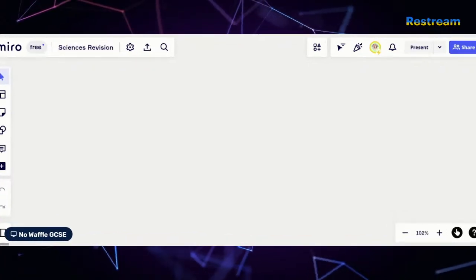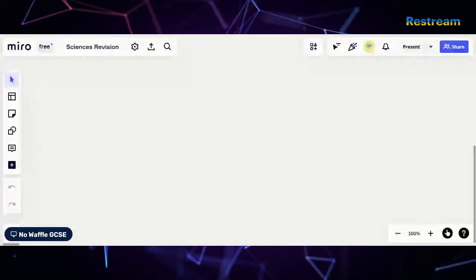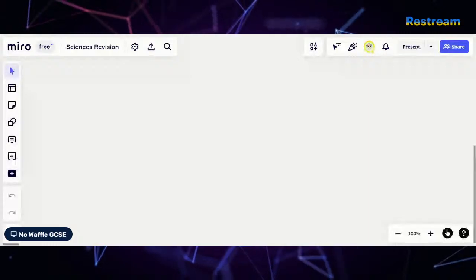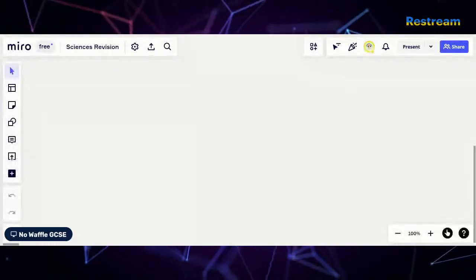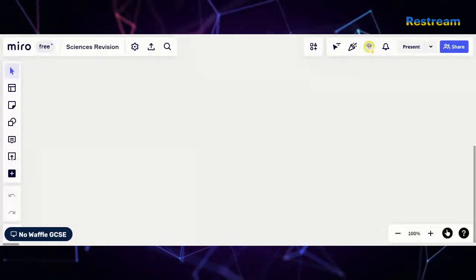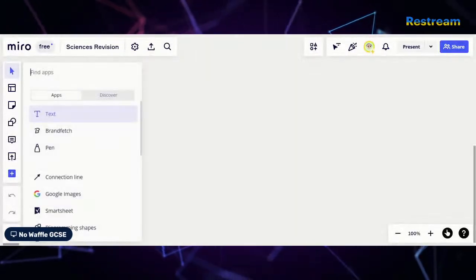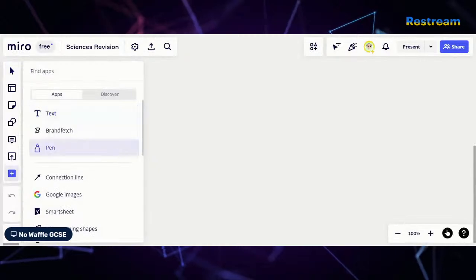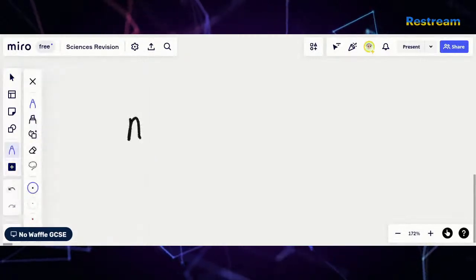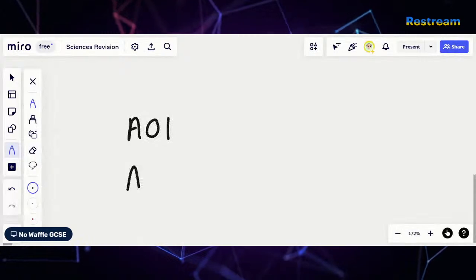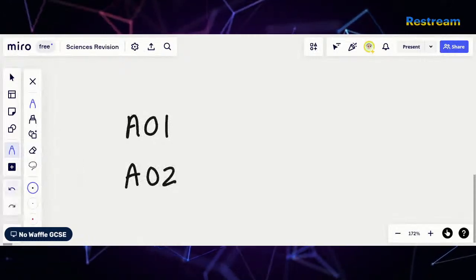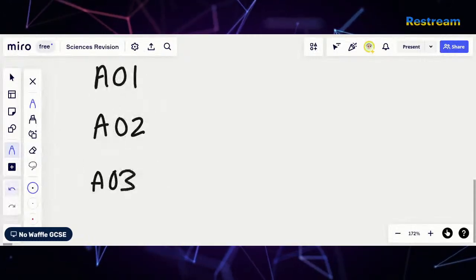So in GCSE English language, just like English literature, there are assessment objectives. Paper 1, Section A tests 4 different assessment objectives: AO1, AO2, AO3, and AO4.